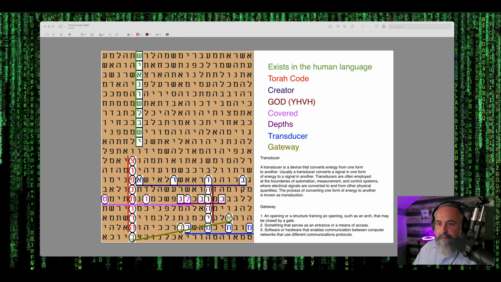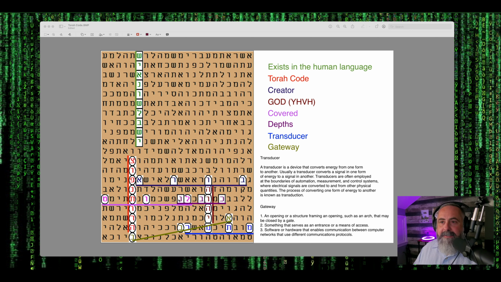Now it gets even cooler. This word right here, made up of this letter and this letter, in this sort of fluorescent pink, is the word covered. Now think about that for a moment. When you cover something up, what are you doing? You're hiding it, concealing it.